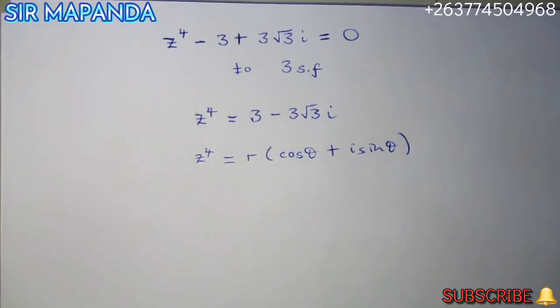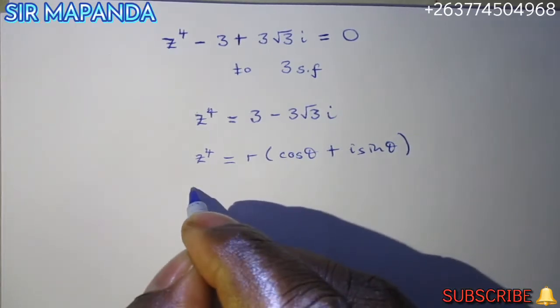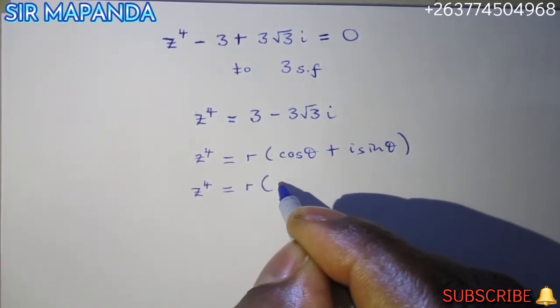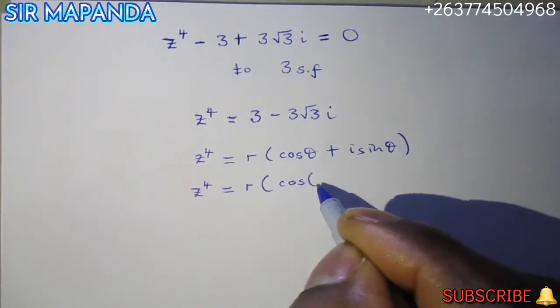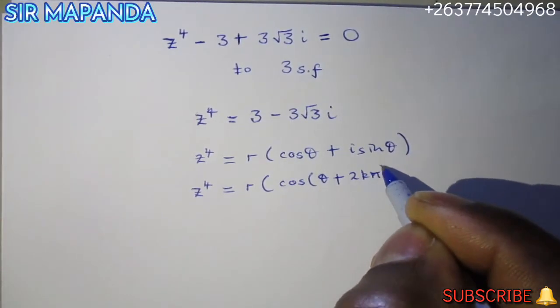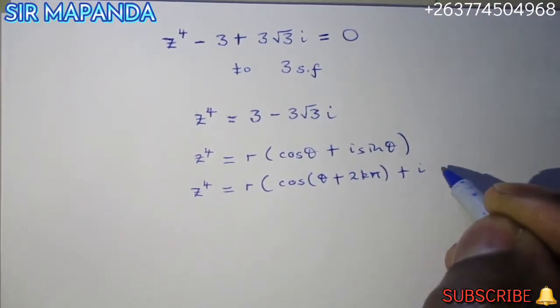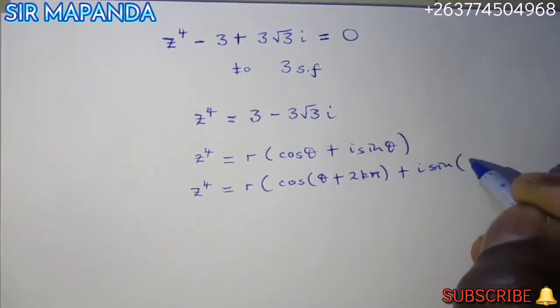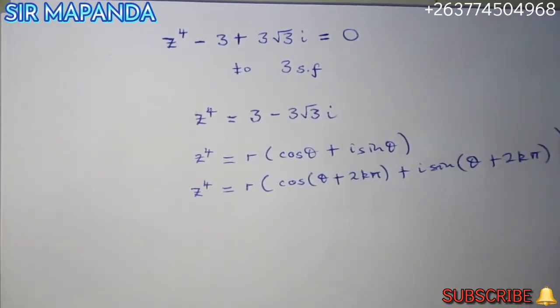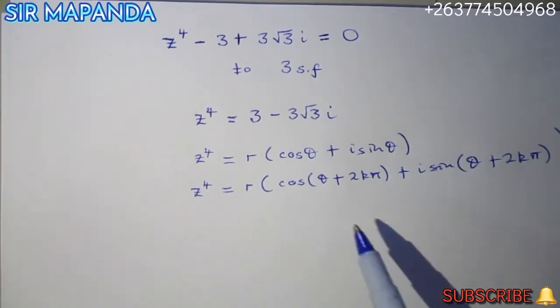So let me write it like this. z to the power of 4 is equal to r, open bracket, cos, open bracket, theta plus 2k pi, plus i sine, open bracket, theta plus 2k pi. So whenever you solve the nth roots, make sure you put 2k pi attached to the argument, right?